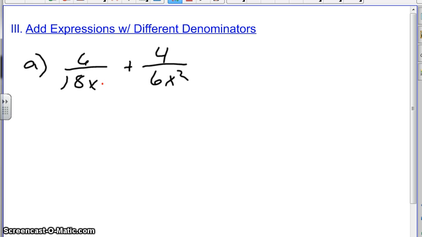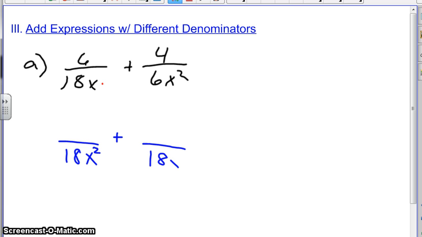So what would the LCD be for these two fractions here? We need an LCD for these two fractions. So what's the smallest denominator they could become? Good, 18x squared.